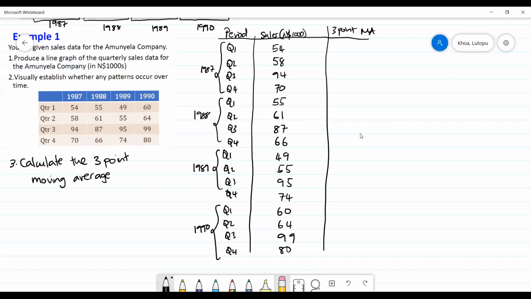All you do is start from the top, and then you take 3 data values at a time, add them together, and divide by 3. So you take these first 3 together, then you will say 54 plus 58 plus 94. Do that on your calculator.